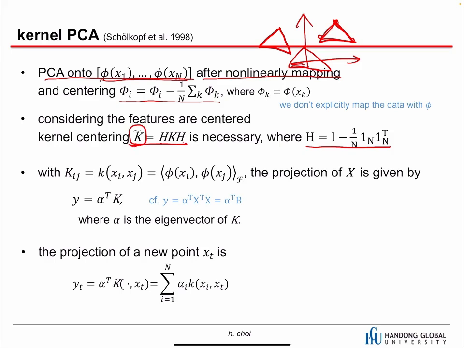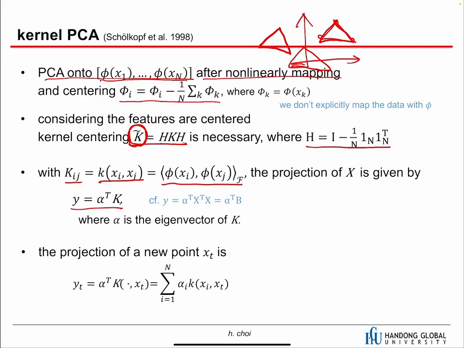This K tilde is actually our kernel matrix. The element K sub ij of matrix K is the kernel function of x sub i and x sub j, which is implicitly the inner product of this nonlinear function. Again, we don't map this data set. And the projection of y is given by this.